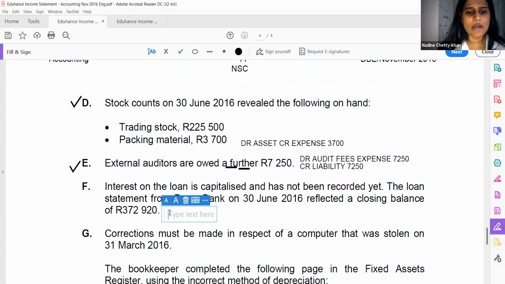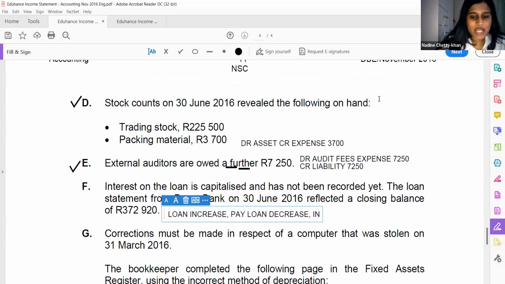What can happen to our loan during the year? We can take out more loans, which will increase it. Or you can pay your loan, which will decrease the loan. Or you can be charged interest, which will increase your loan. Because remember, the loan is capitalized.